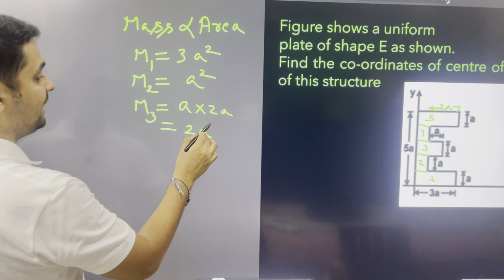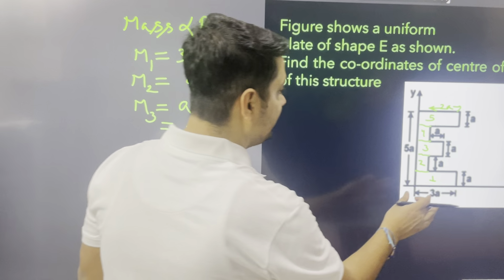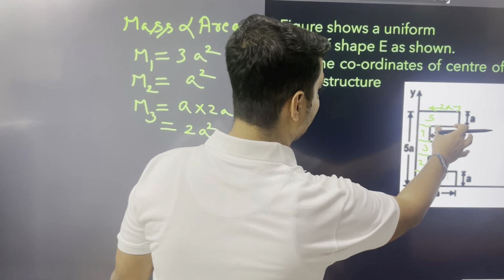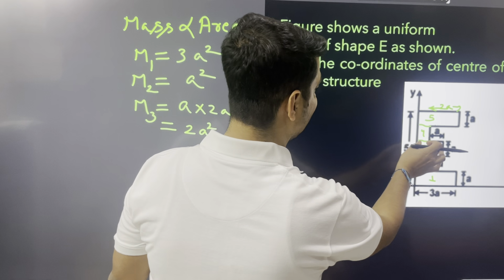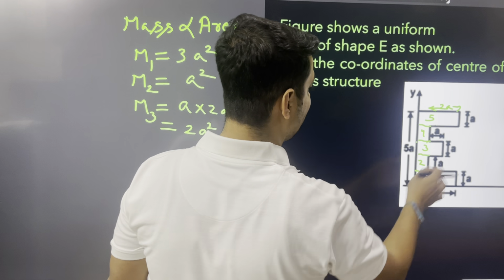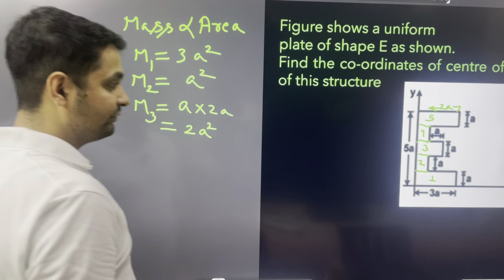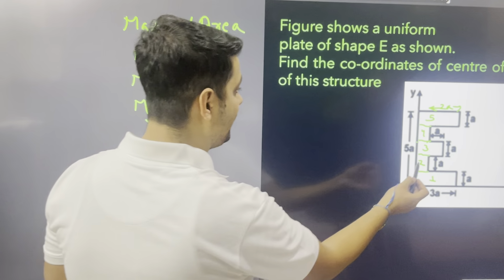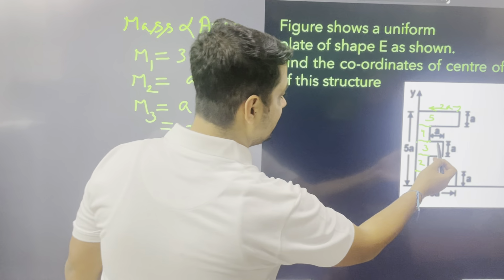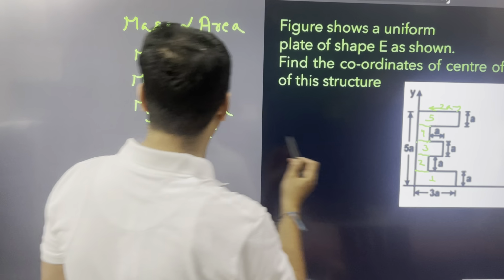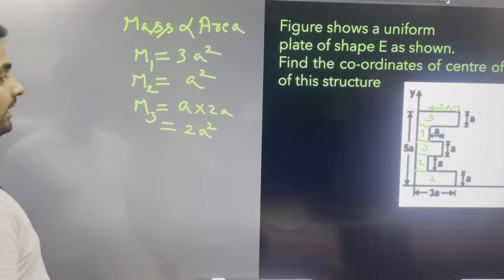Just try to understand how I am taking the length. This length is 2a. Correct? This is a, this is also a, so total is a plus a plus a, 3a. Okay. So when I am finding the mass of the third part, a plus a is 2a and this is a, so 2a into a is 2a square.